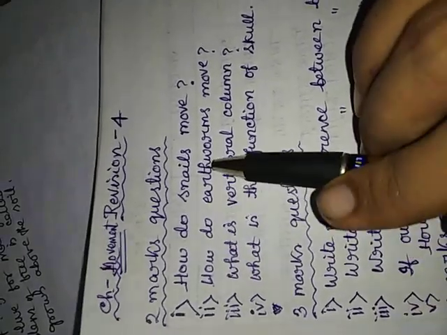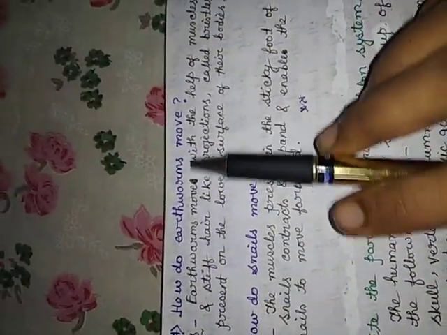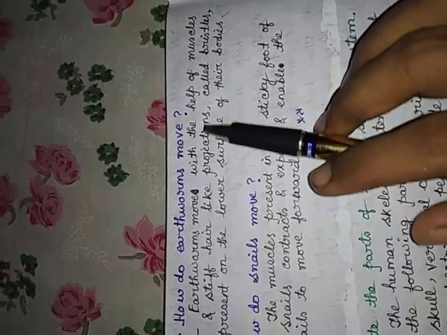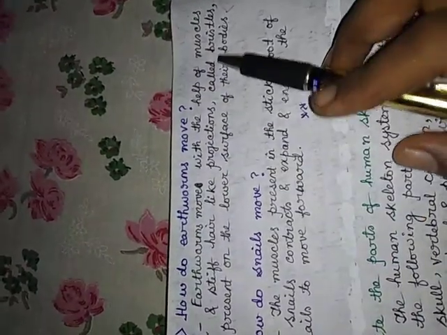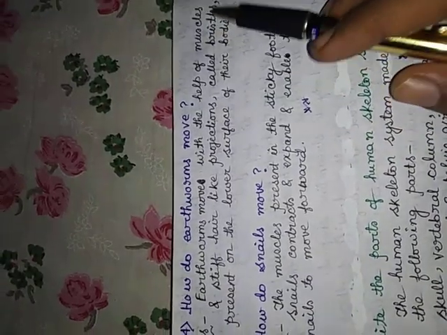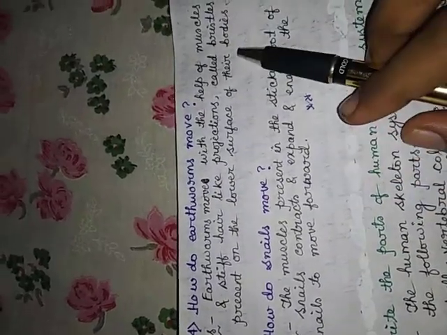The second question is how do earthworms move? An earthworm moves with the help of muscles and stiff hair-like projections. It means earthworms have a special locomotory organ which is stiff and hair-like, and it is called bristles. These bristles, or hair-like projections, are present on the lower surface of their body.